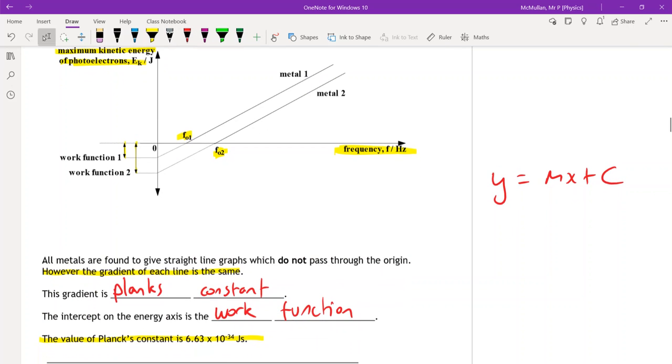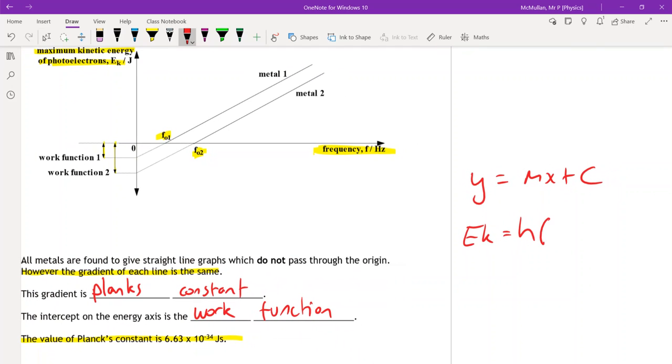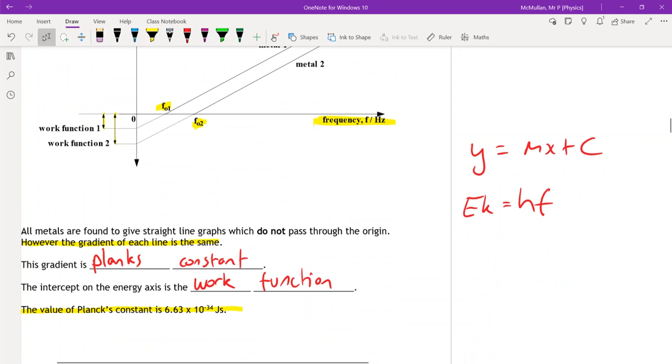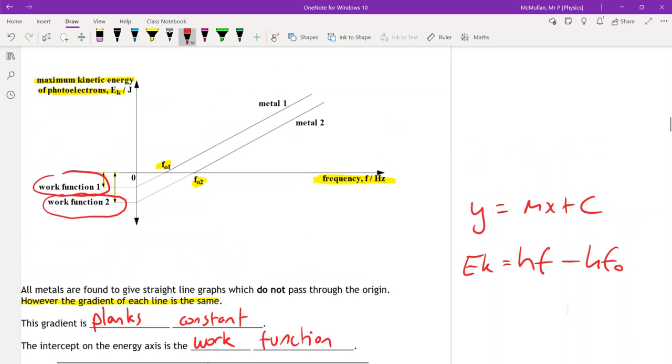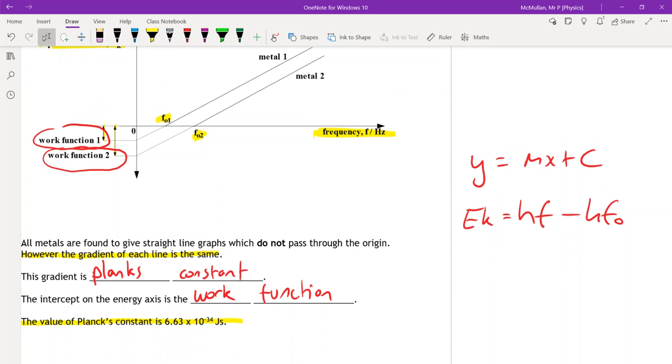On our y-axis, we've got Ek. Our gradient is Planck's constant h. f is our frequency. Our work function, hf naught, is below the axis, so it's a negative. So that graph shows us the formula as well, okay? Ek equals hf minus hf naught. Our work functions are down here. This is where we get that from. Our gradient is Planck's constant.